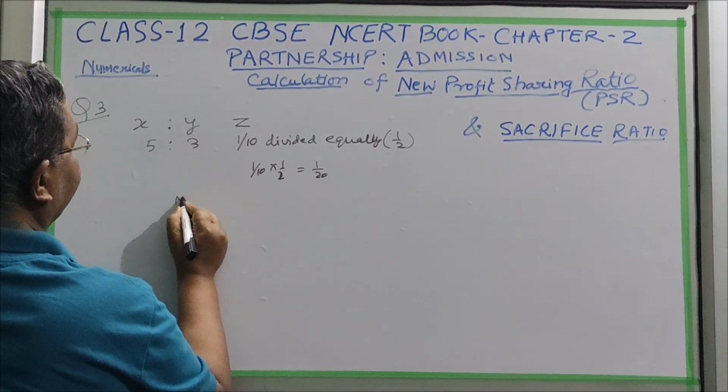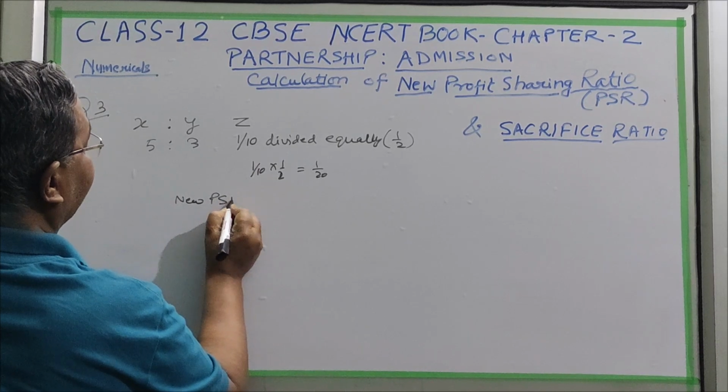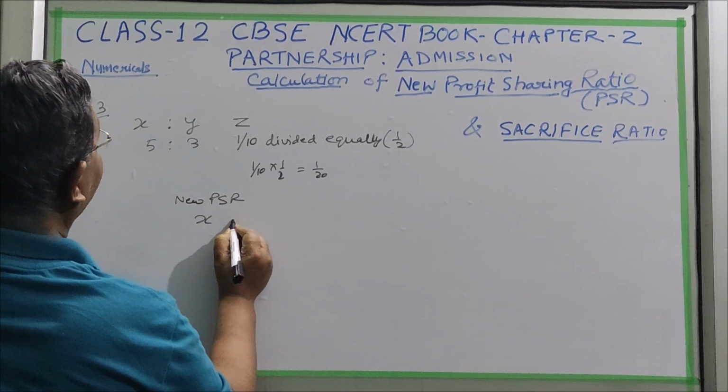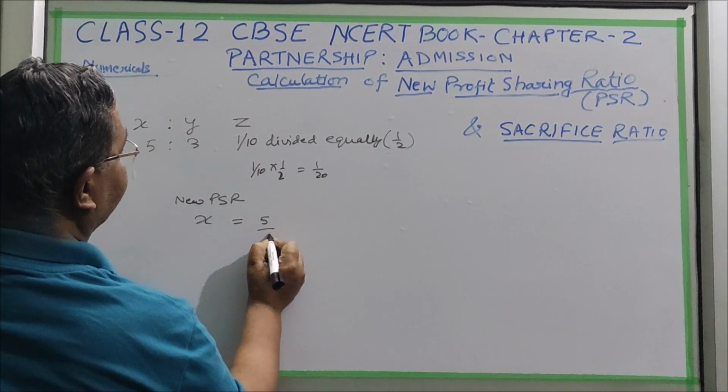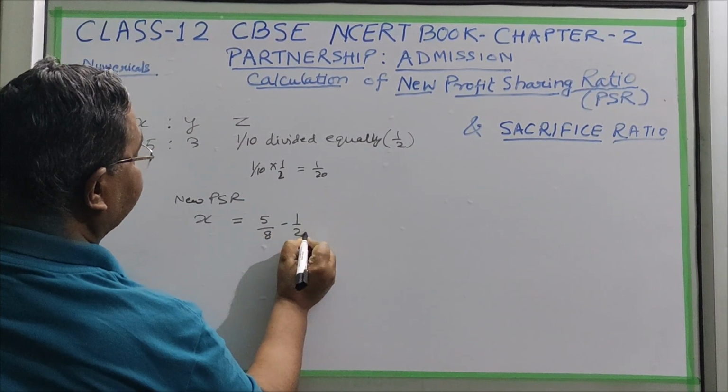So new PSR of X: X is equal to 5, the total is 8, so 5/8 minus 1/20.